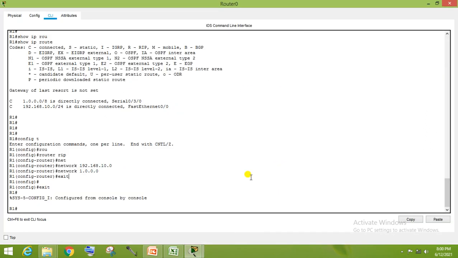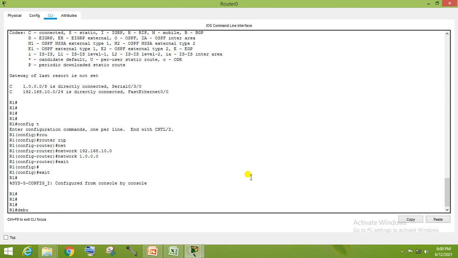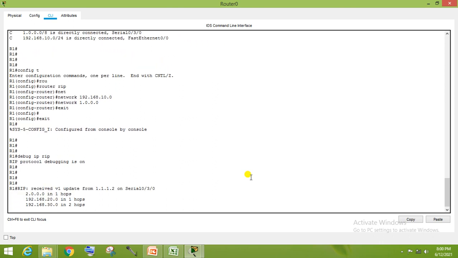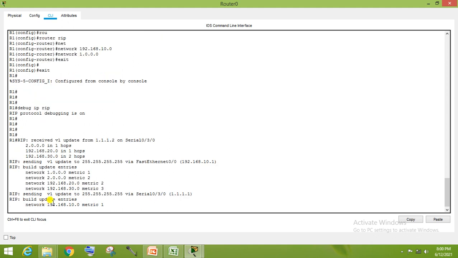So here, check for some time. Now routing updates come for the 20 and 30 networks. Now this router learns automatically the network routes 20.0 and 30.0.